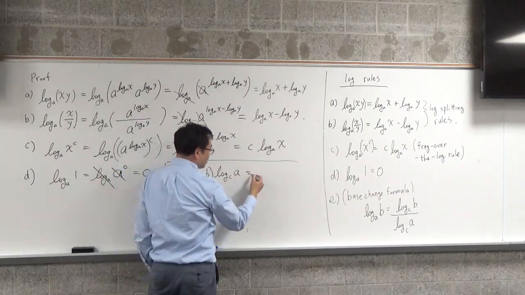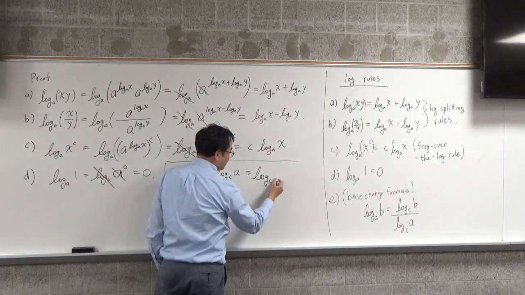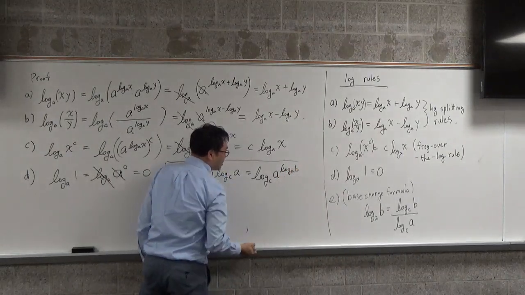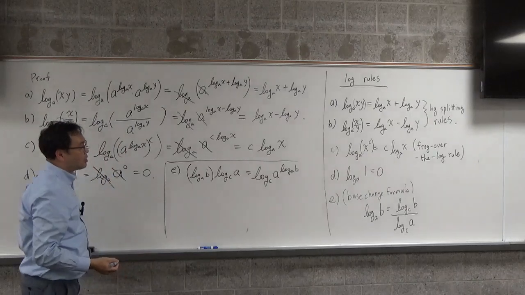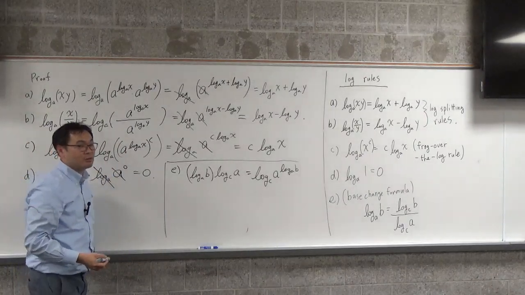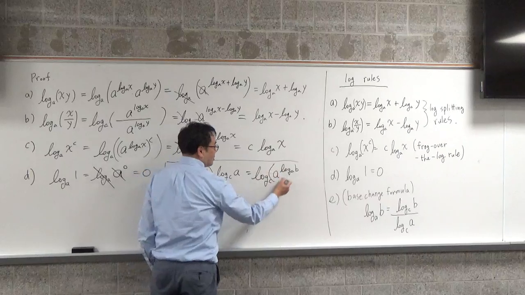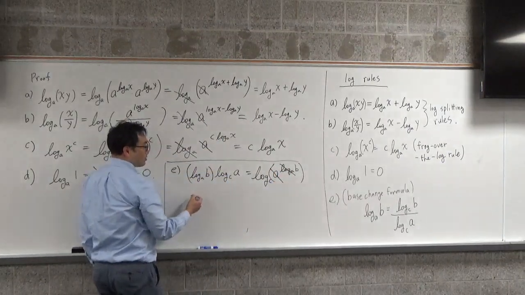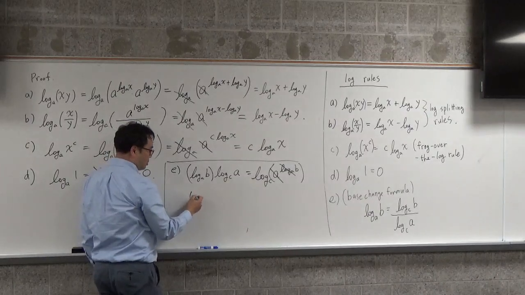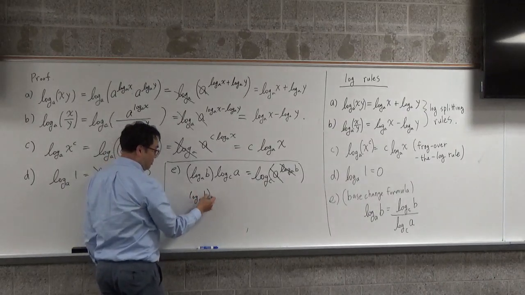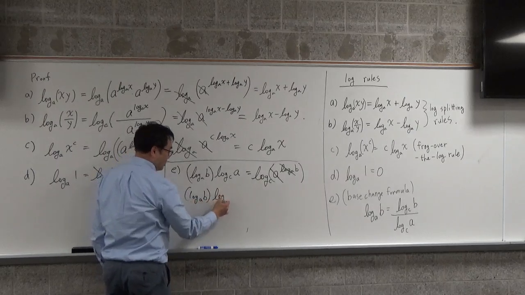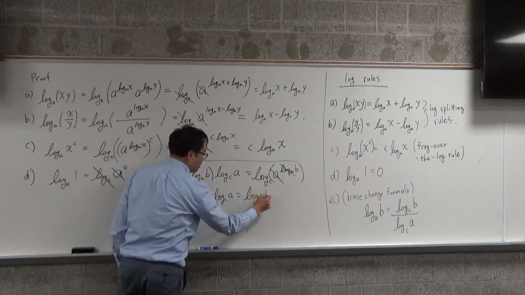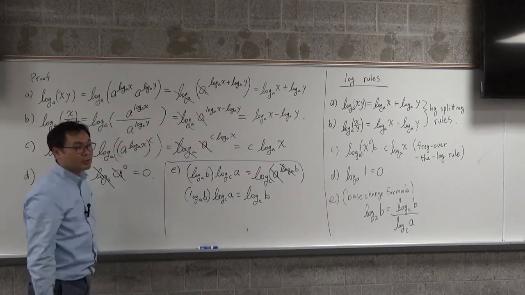So this is going to be equal to log base C of A of log A of B. Okay? Now what can you do? You can cancel these two, right? So now that allows you to say that log A of B times log base C of A is log base C of B.